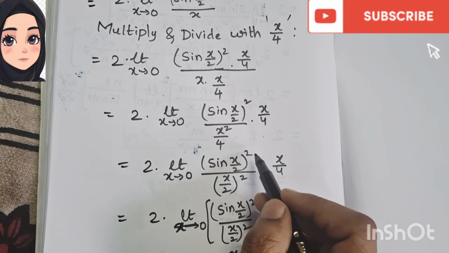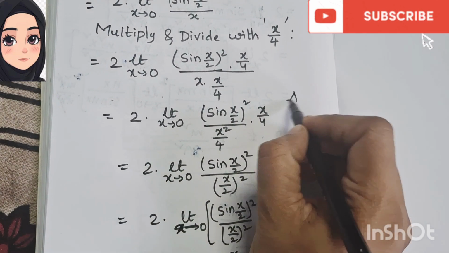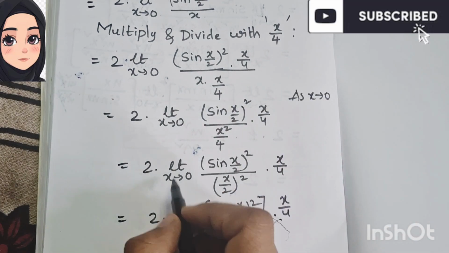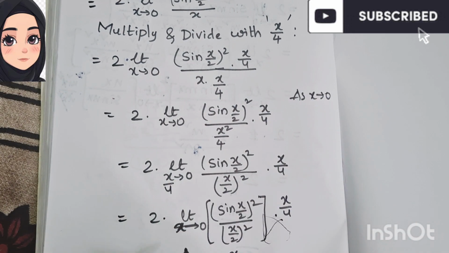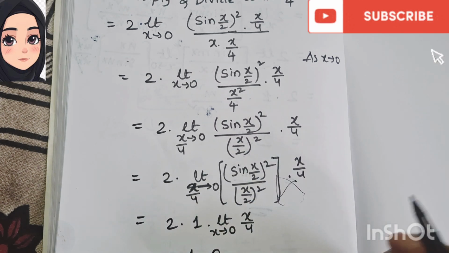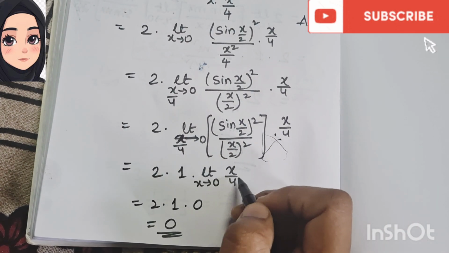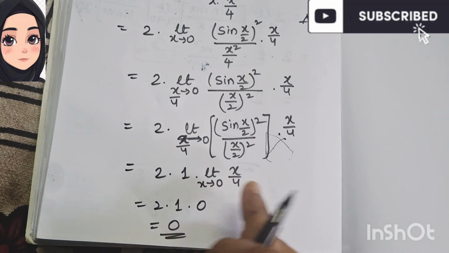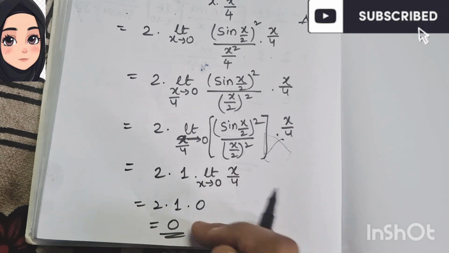As x tends to 0, x by 4 tends to 0, so here also x by 4 becomes 0. So this total term multiplied with 0, we get 0.